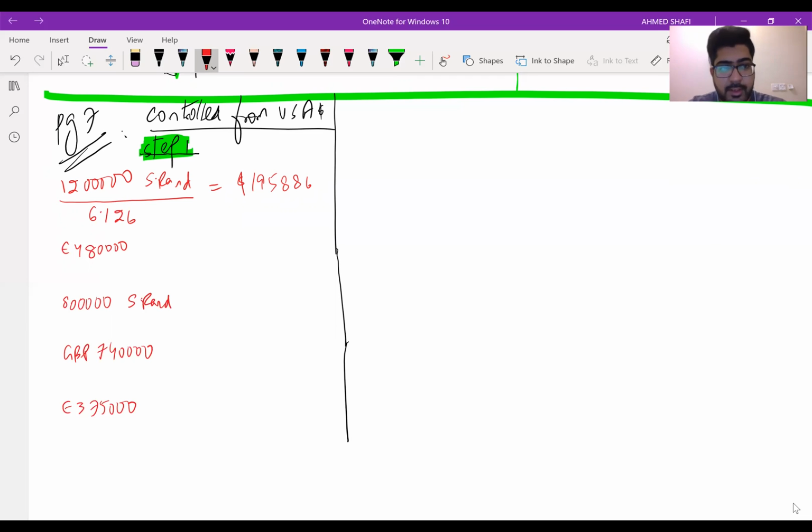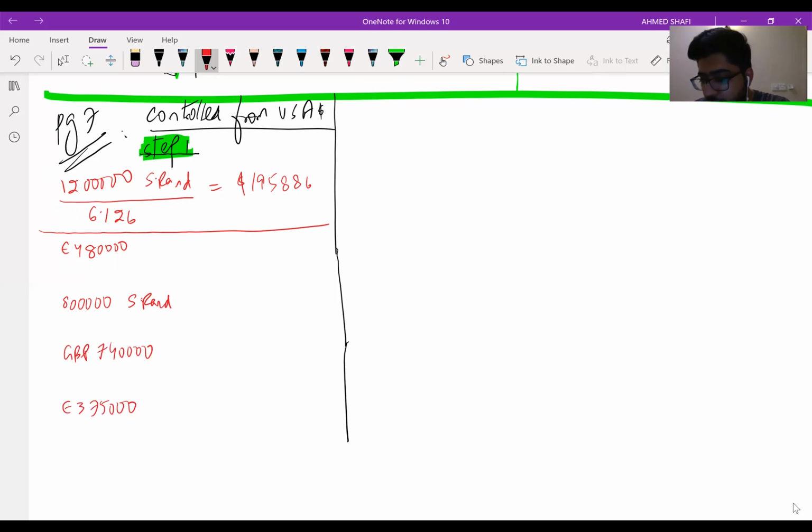Second, 480,000 euros. I have to convert all balances into one currency, dollar. These euros need to be converted into dollars, so either multiplication or division, no other option. Let's convert 480,000 euros into dollars. Multiply or divide?